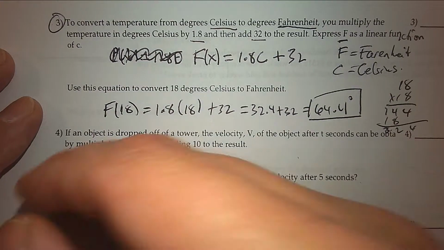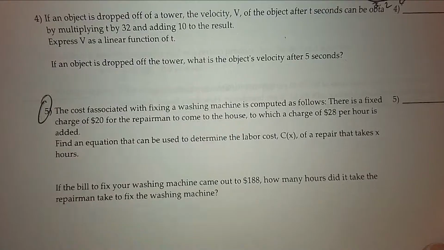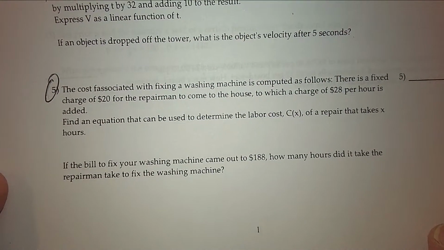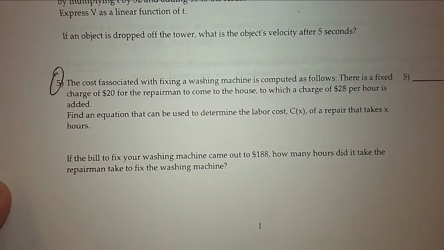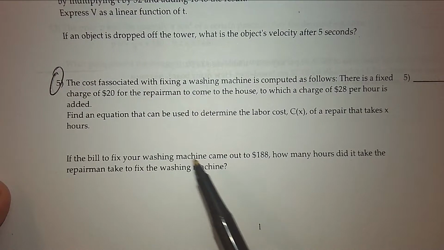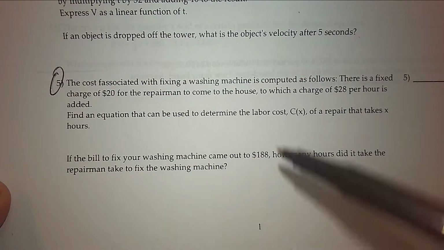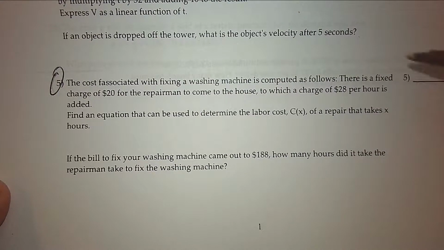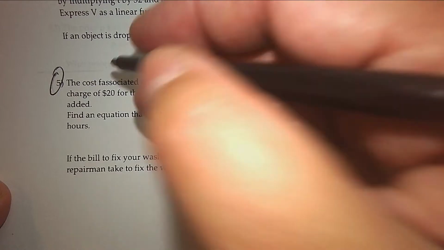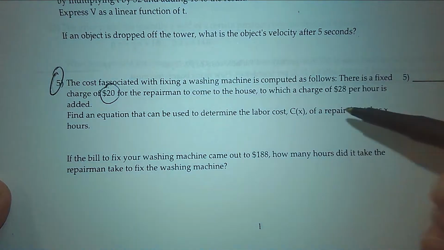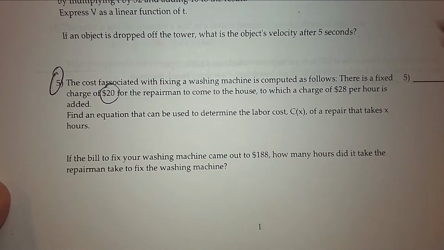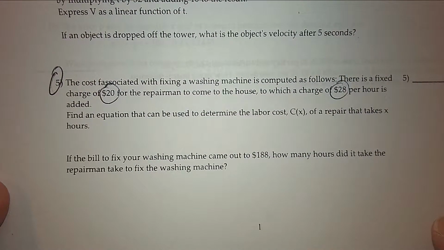Number 5. The cost associated with fixing a washing machine is computed as follows. There's a fixed charge of $20 for the repairman to come to the house, and then a charge of $28 per hour is added.